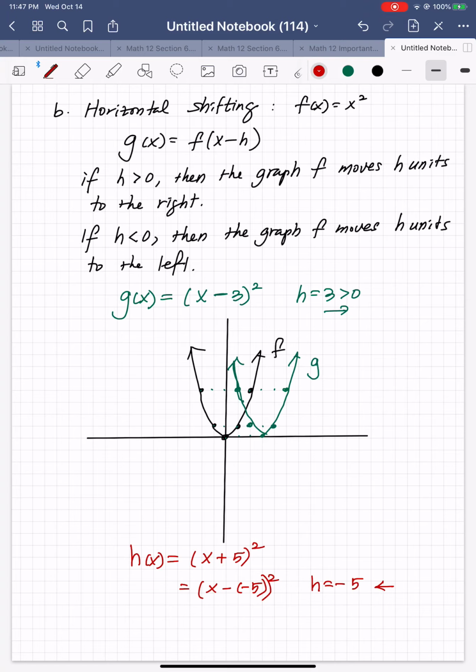So from the f function, you go to the left 5. 1, 2, 3, 4, 5, for each point. And then you get the h function right here. So that's what we call the shifting.